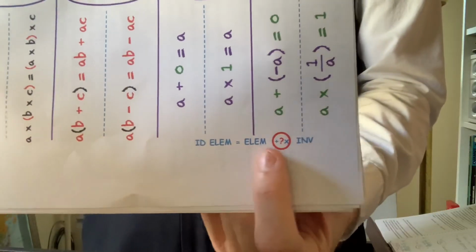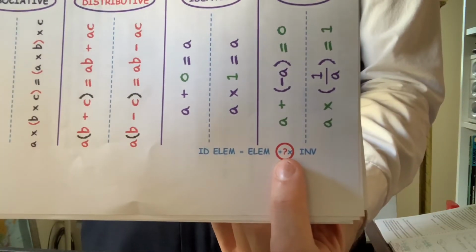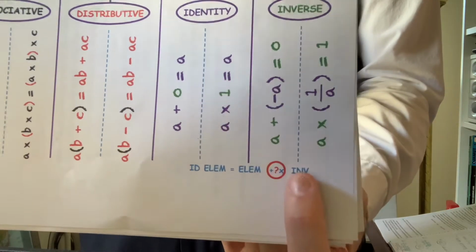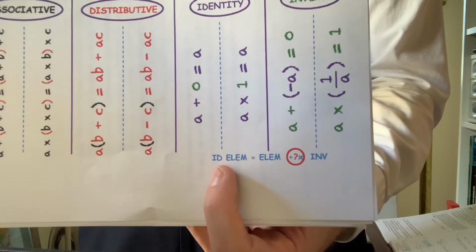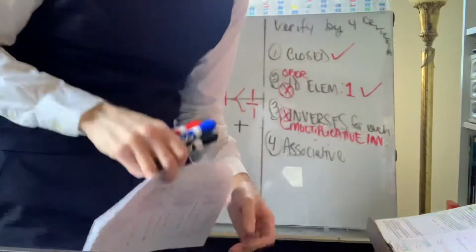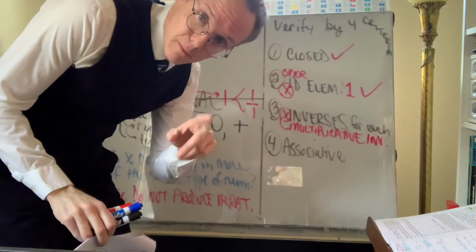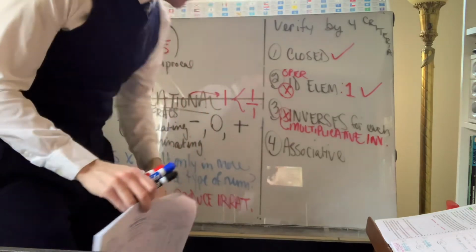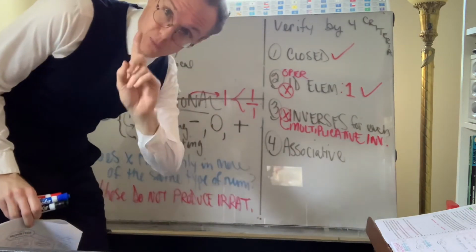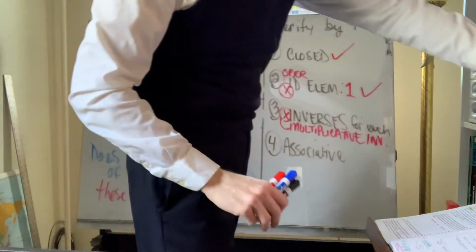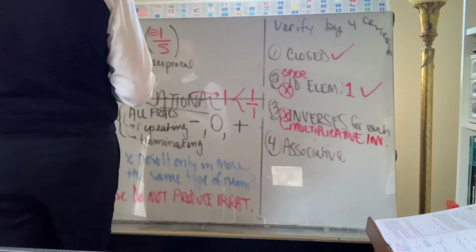You take an element, and in this case we're multiplying it because that was the given operation, and we're multiplying by its inverse. What should it produce in the case of multiplication? Well, if the identity element for multiplication is 1, then in theory when you multiply these things, you should ultimately get positive 1. So let's see if we do.